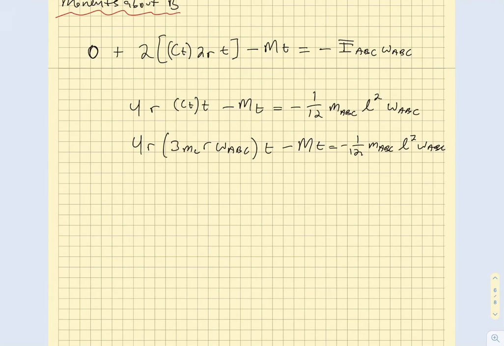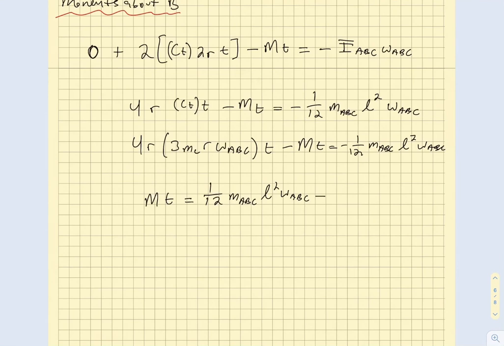So this would be 4R multiplied by 3MC R omega ABC, and that's multiplied by time t, minus MT is equal to negative 1/12 MABC L squared omega ABC.